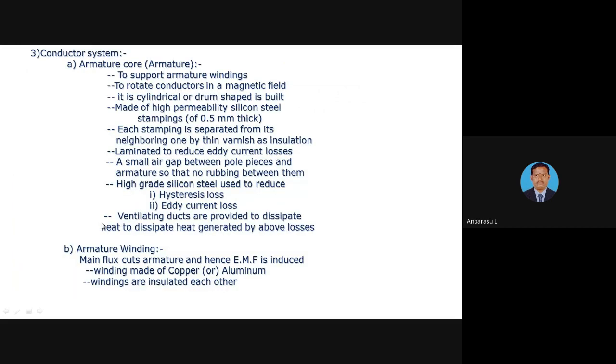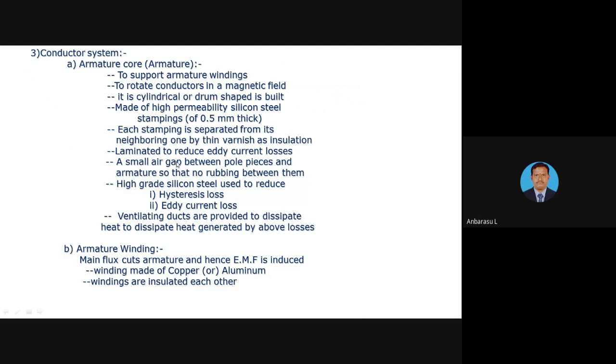So the armature system has two parts, armature core and armature winding. The armature core supports the armature winding and rotates the conductors in a magnetic field. It is cylindrical or drum shaped, built up of high permeability silicon steel stampings.